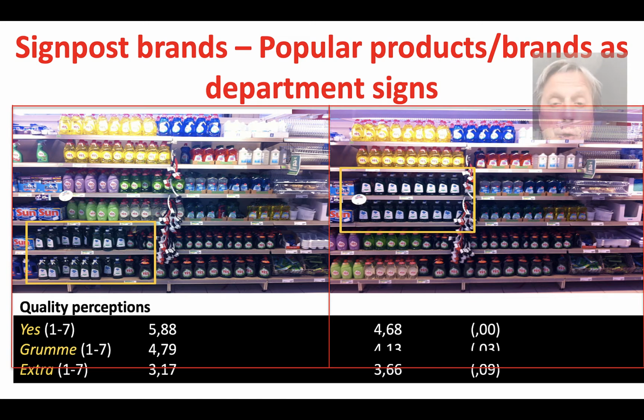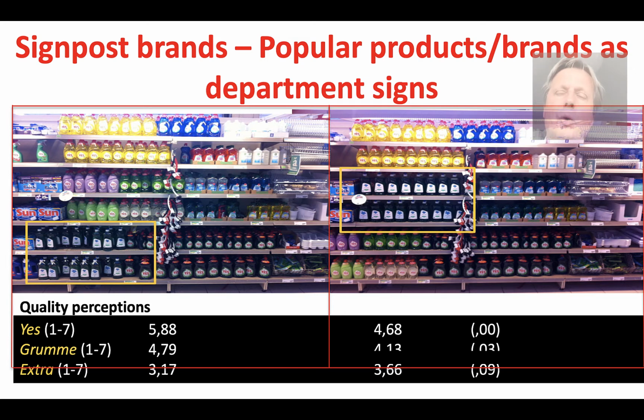Taking a leap from 468 to 588 on a 7 points quality perception scale would demand a lot. But here you can see it's happening, and it's beyond the control of Procter & Gamble in this case.